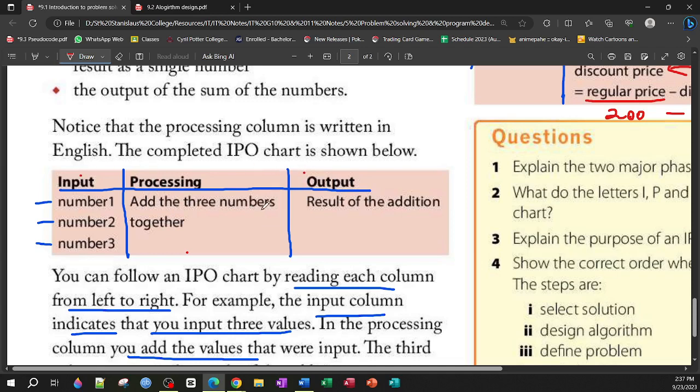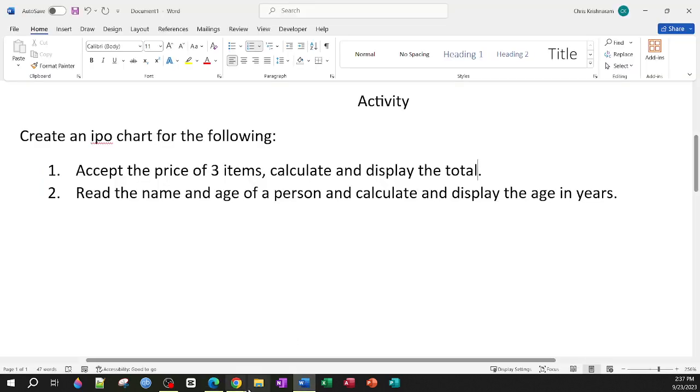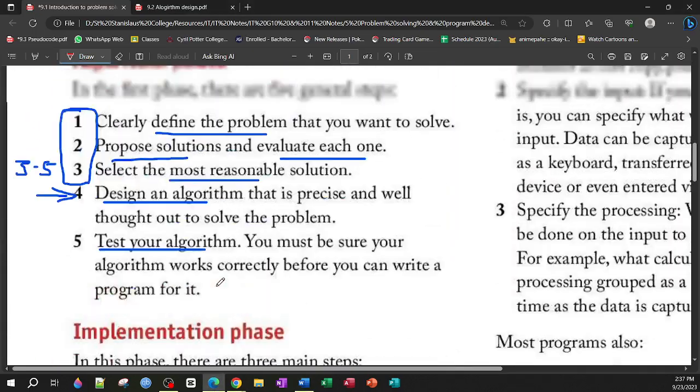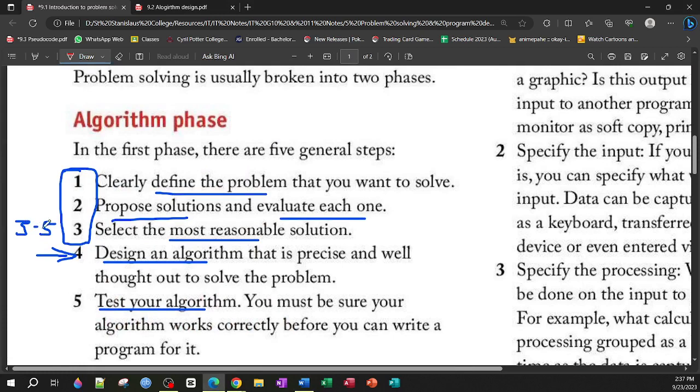And the output is what we want to be displayed from that algorithm, so that's going to be the result of that addition. I would mention that we can consider it as step 3.5, because it's something you do before you design an algorithm.